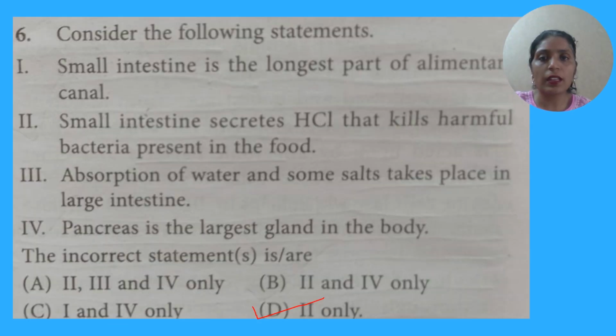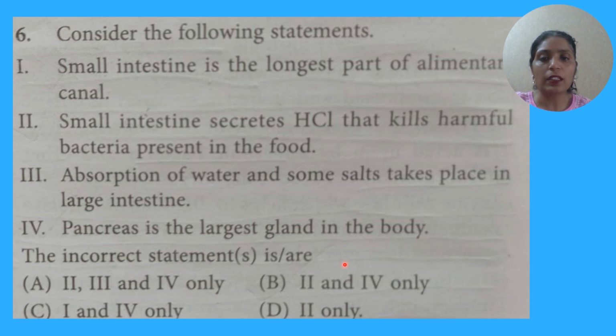Next question. Consider the following statements. Statement 1: the small intestine is the longest part of the alimentary canal. Statement 2: the small intestine secretes HCl that kills harmful bacteria present in the food. Statement 3: absorption of water and some salts takes place in the large intestine. And statement 4: the pancreas is the largest gland of the body.